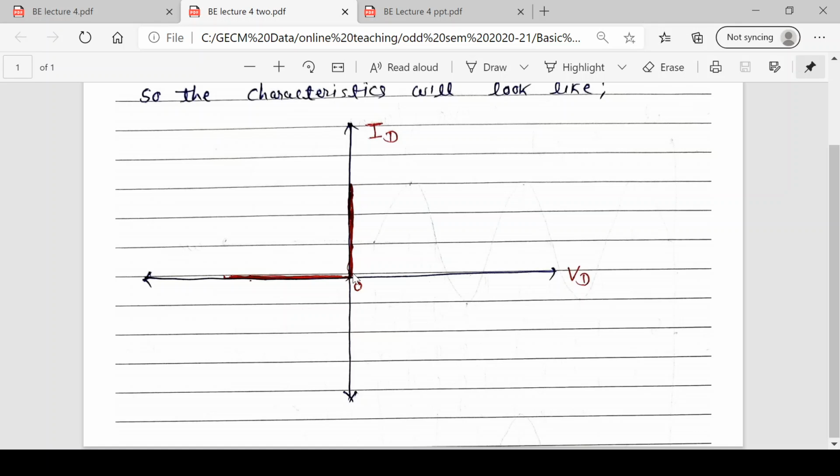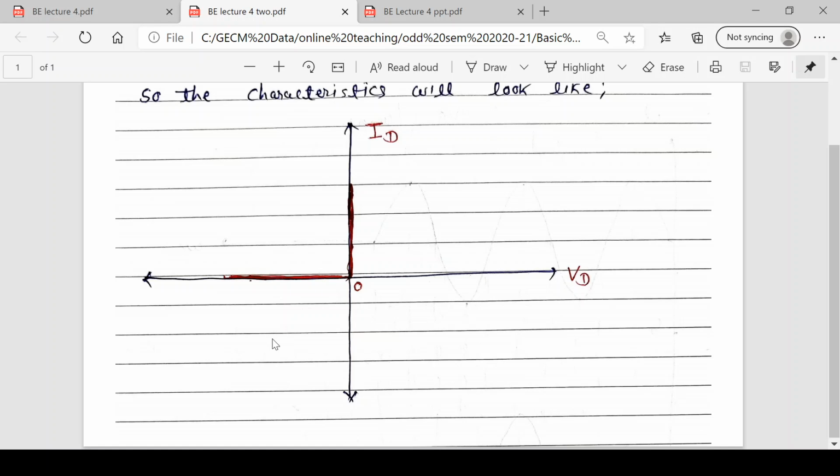So current is almost infinite, and because it is working as a short circuit, a closed switch, there is zero voltage. And if you reverse bias, then the diode will have infinite resistance but zero current. So that's why in reverse bias the current will remain zero. So what does the VI characteristic say? The ideal diode has infinite current and zero resistance in forward bias, zero current and infinite resistance in reverse bias.